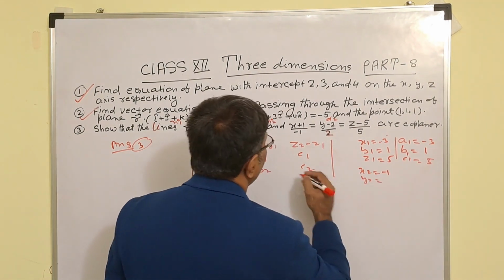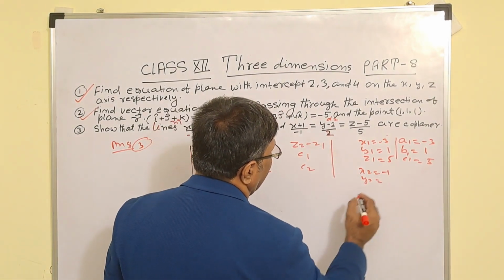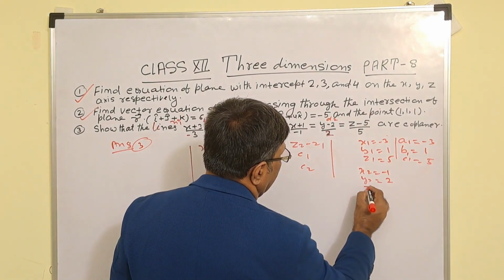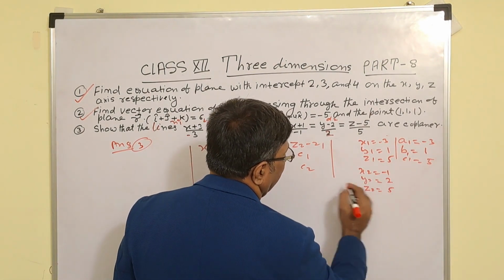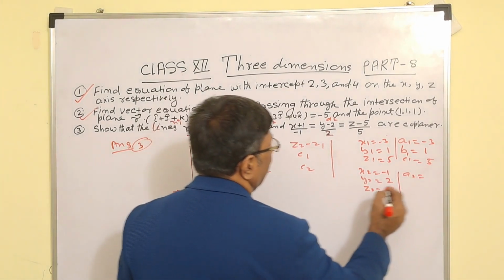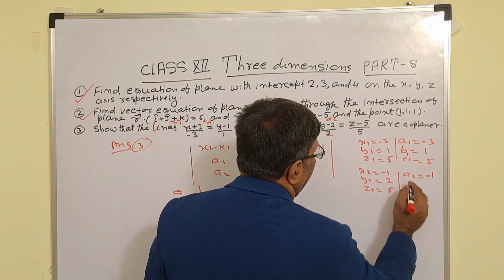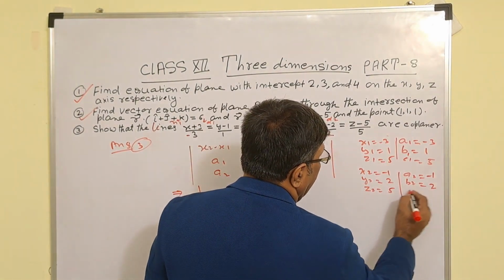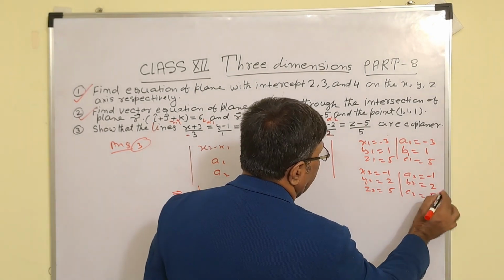Same way, y minus 2 equal to 0, so y2 is 2. Z minus 5 equal to 0, so z2 equal to 5. Again, a2 is minus 1, b2 is 2, and c2 is 5.